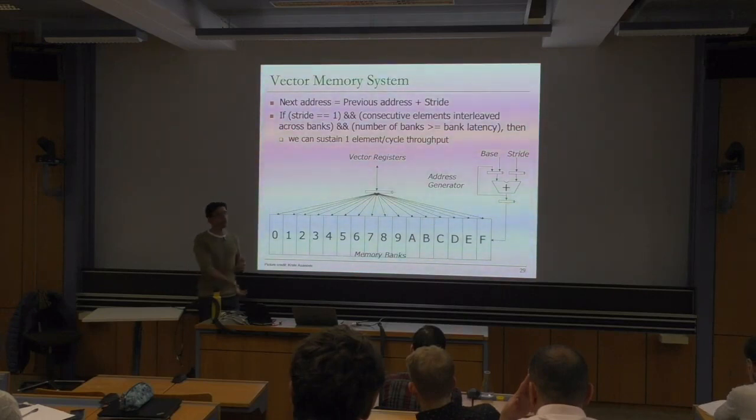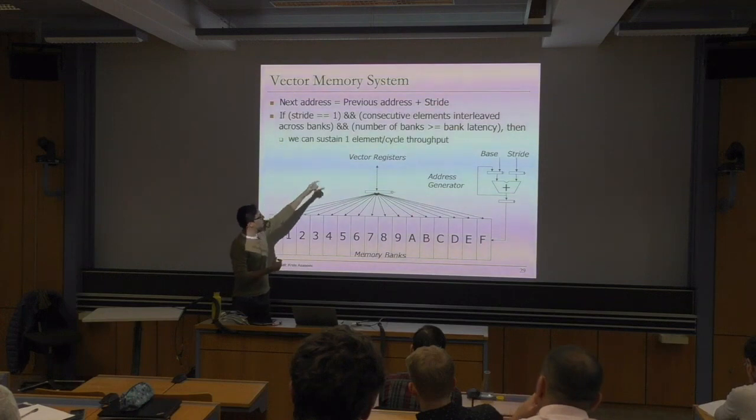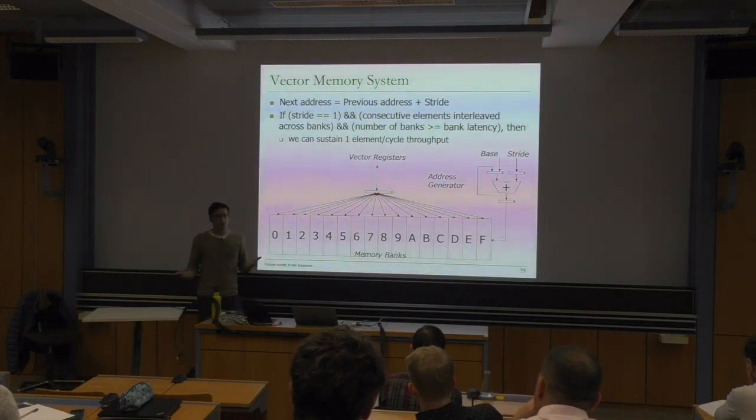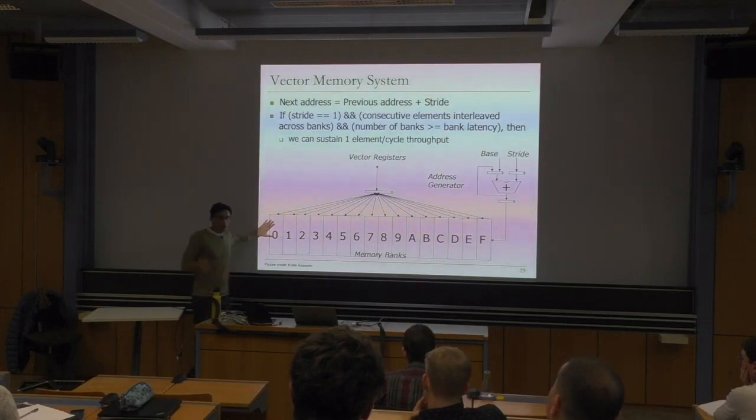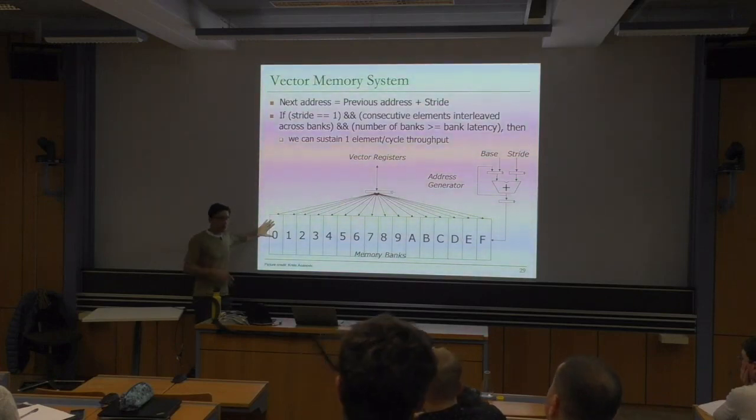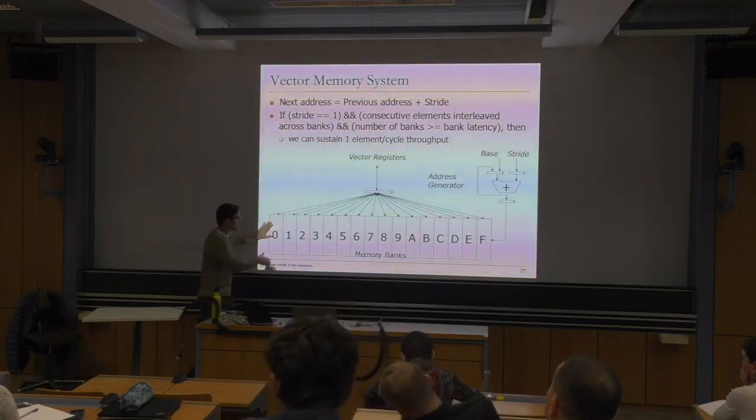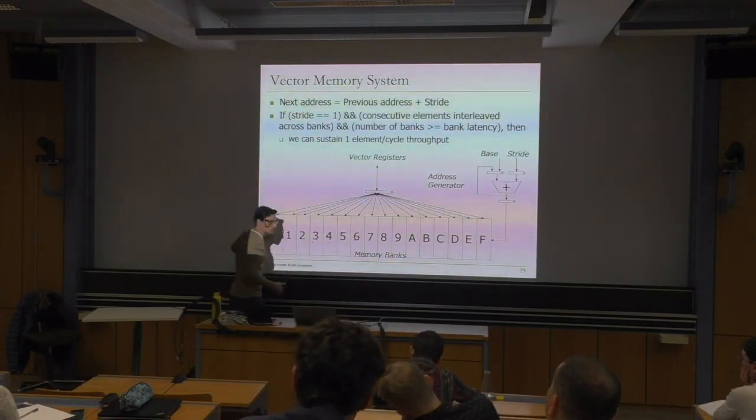Because we want to receive one element every cycle. So for example here, imagine that the number of cycles that we need to read one element from each of these banks is 11. If it's 11, we will have to wait 11 cycles to read element 0 from bank 0, right? Because we don't want to just simply wait, what we do is put in more banks next to this one.